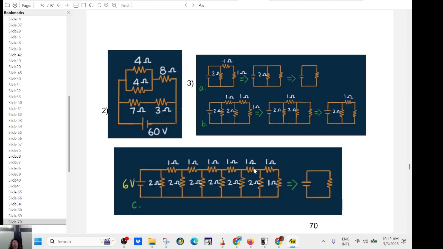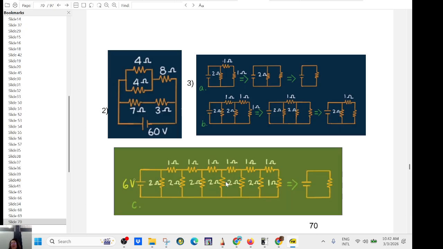And then I have 1 and 1 in series, so that's going to be 2. 2 and 2 in parallel, that's going to be 1. 1 and 1 in series, that's going to be 2. 2 and 2 in parallel, it's going to be 1. It's always 1. It's always 1.